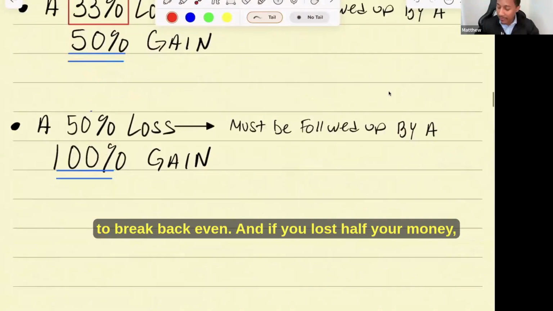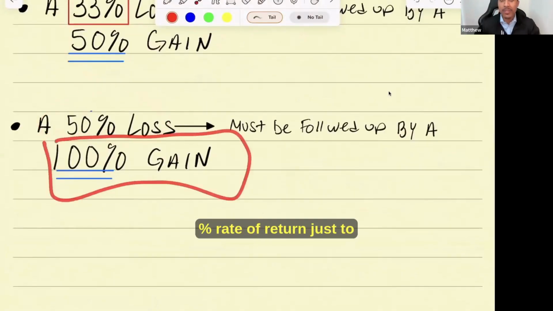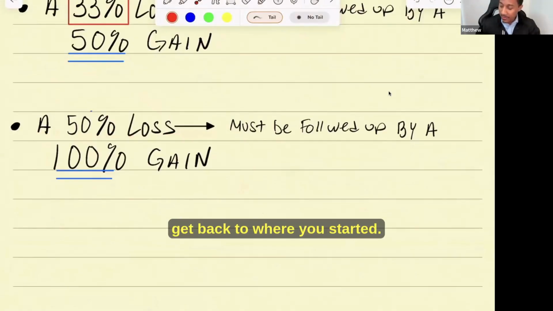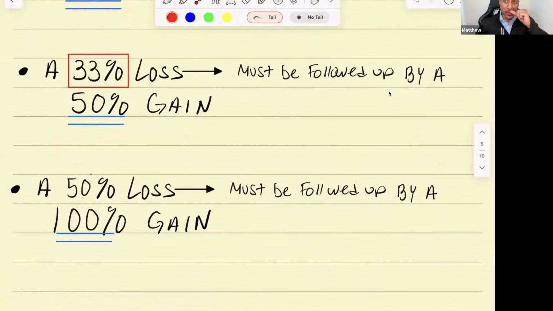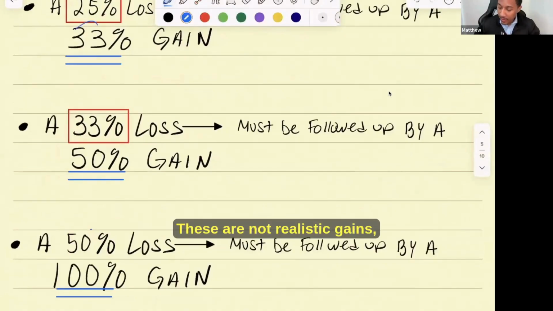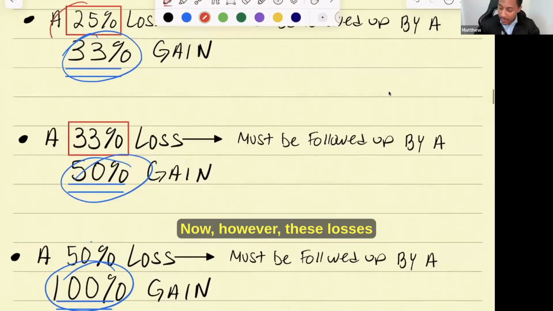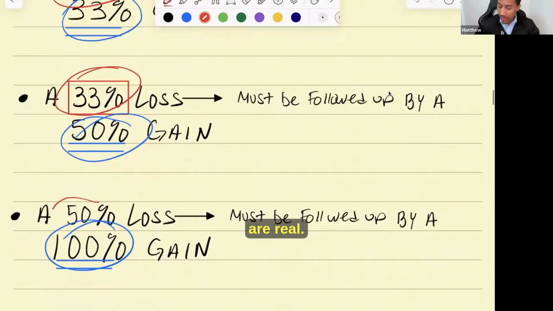And if you lost half your money, you need to achieve a 100% rate of return just to get back to where you started. These are not realistic gains, not even close. Now, however, these losses are real. That's more realistic.